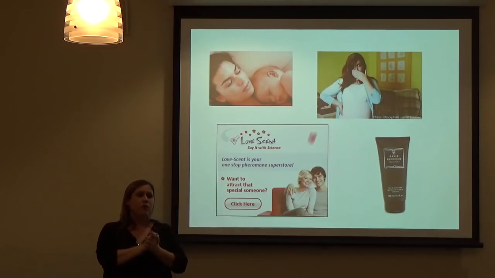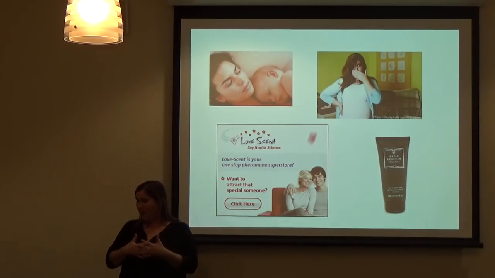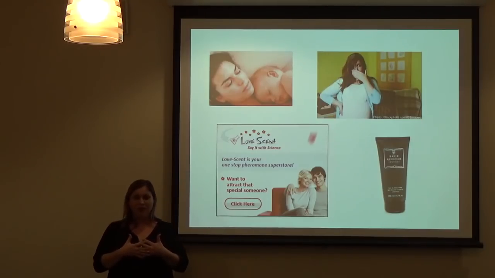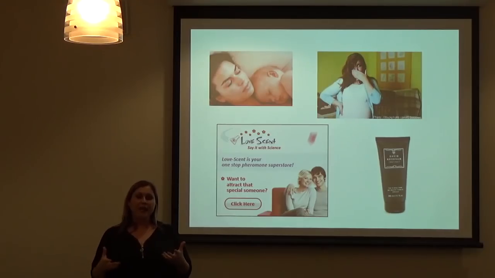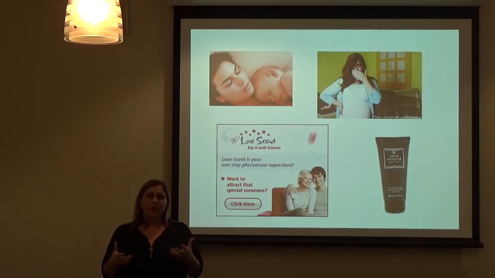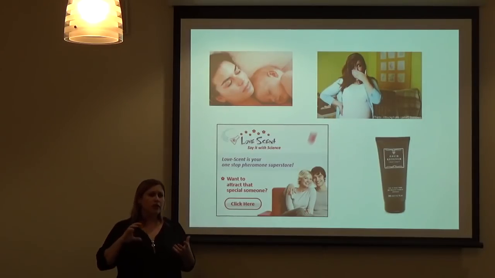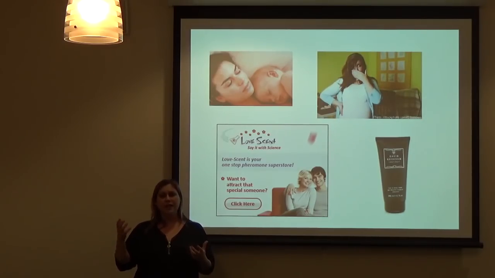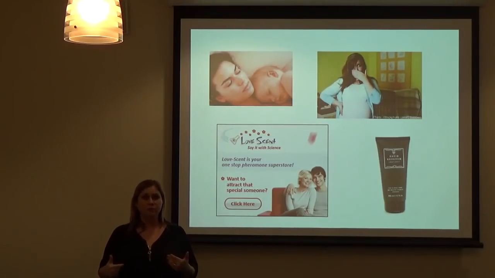The reason for this is tied to something called our major histocompatibility complex. You can just call it the MHC. That is about your immune system. Your major histocompatibility complex is essentially how your particular immune system is built.